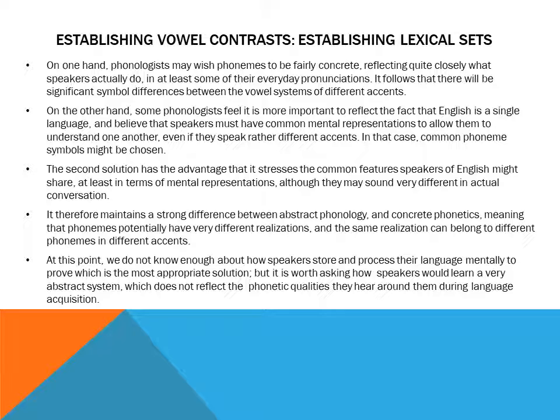At this point, we don't know enough about how speakers store and process their language mentally to prove which is the most appropriate solution. But it's worth asking how speakers would learn a very abstract system, which doesn't reflect the phonetic qualities they hear around them during language acquisition.